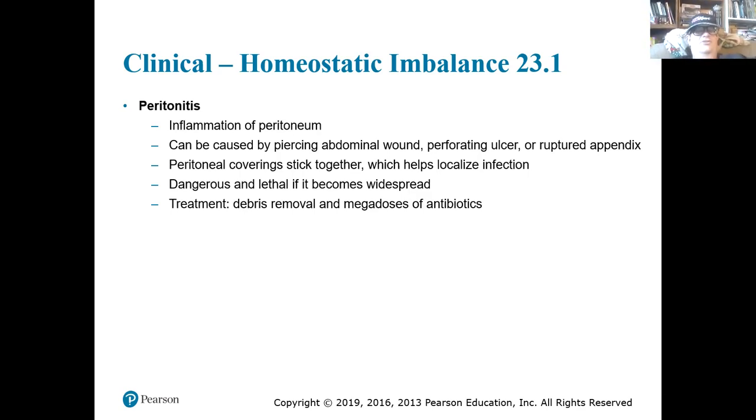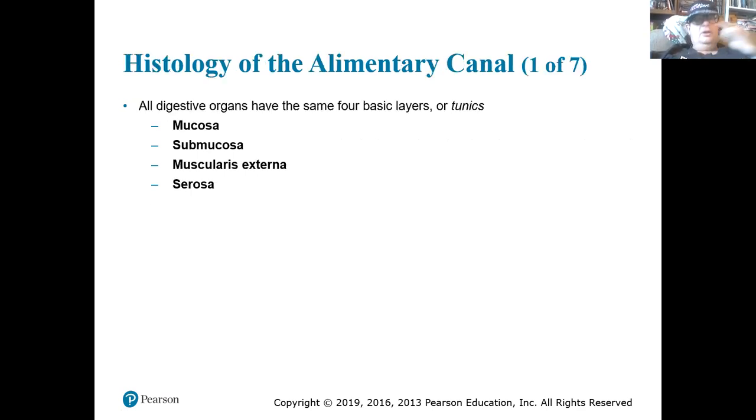This is dangerous. This is lethal. If you can't solve it, you got to get that infection out. The treatment would be to give the person mega doses of antibiotic and try to remove any of the infection. Cut them open, scrape it out, wash it out, basically.